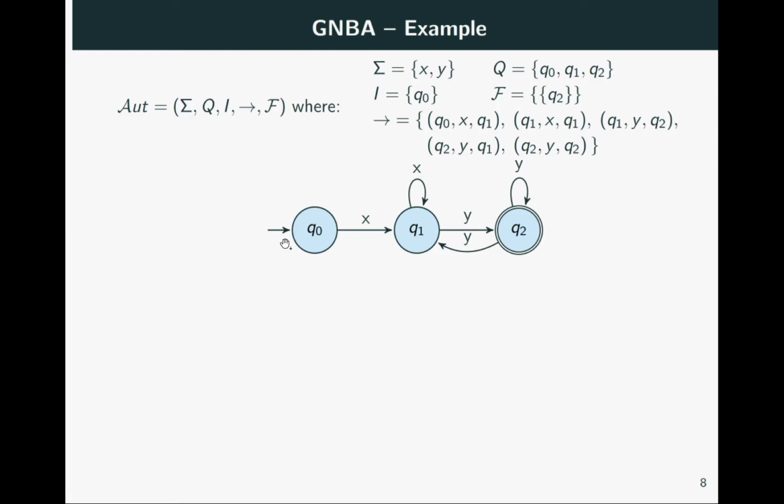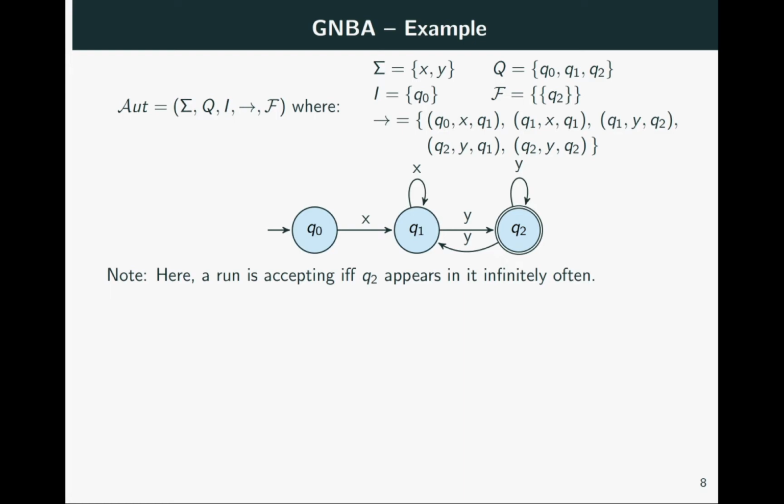It does mark q2 with a double circle to show that q2 belongs to an accepting set. But calligraphic F really needs to be shown separately, since it is not just a set of states, but a set of sets of states. Note that the acceptance condition for a run, which in general says that all the accepting sets must be visited infinitely often, in this example becomes: the state q2 must be visited infinitely often.